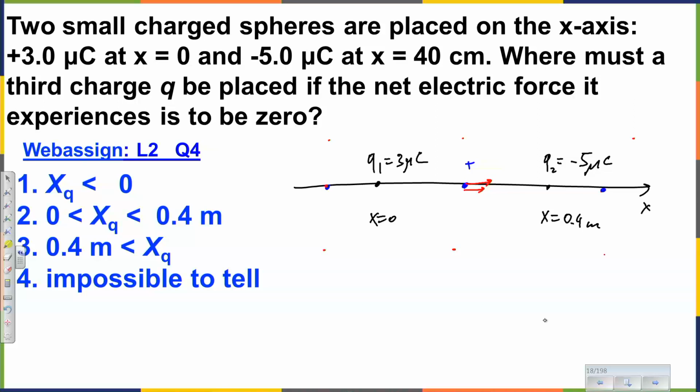Now, here, let's say it's positive, you should have a force acting to the left and a force acting to the right. Here, you should have attraction to the left and repulsion to the right. How can we make a choice between the point on the left and the point on the right?